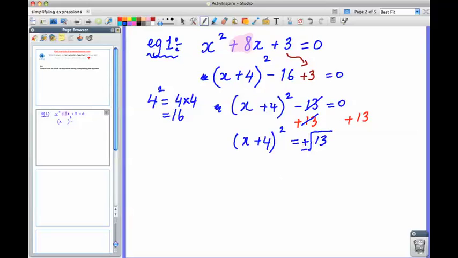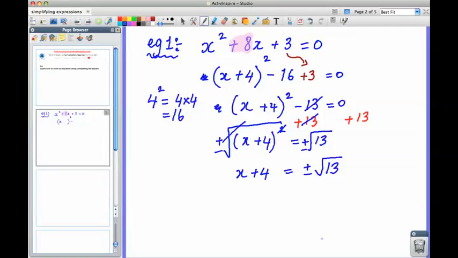So I'm going to take the square root on both sides, and that's going to get rid of the squared here. So I'm left with x plus 4 on that side, and here I'm going to be left with plus and minus root 13.